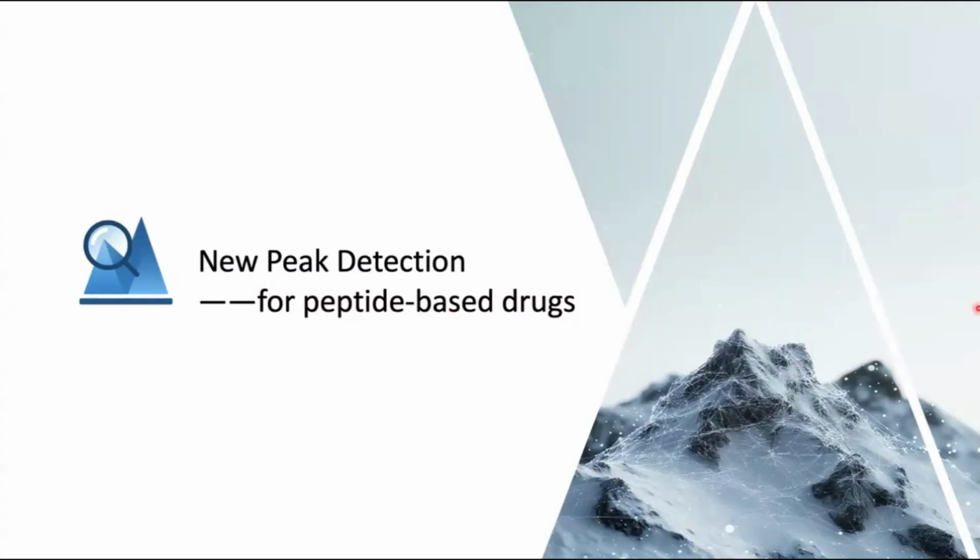Peptide therapeutics represent a class of biopharmaceuticals of significant importance in modern medicine. However, traditional software for mass spectrometry data analysis is limited to canonical amino acids and linear peptides.